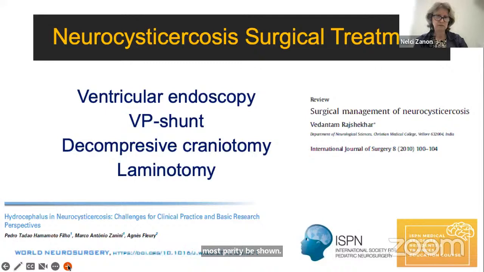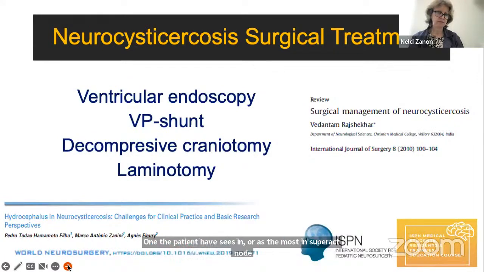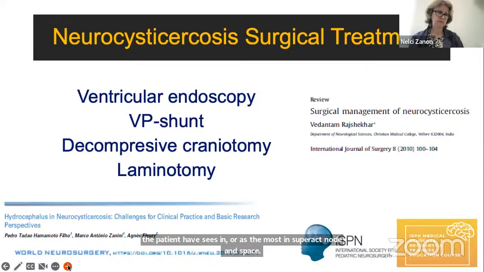used when the patient develops hydrocephalus, or obstructive hydrocephalus. Or the compressive craniotomy is another procedure for treatment of neurocysticercosis when the patient has a cyst in the fourth ventricle or racemose and in the subarachnoid space, with a big edema.